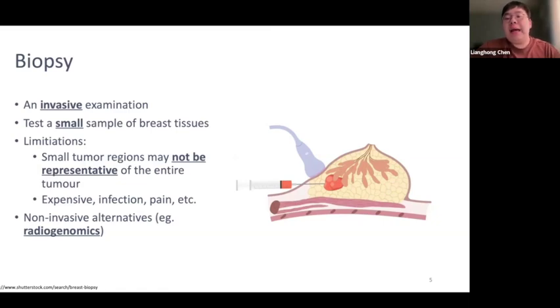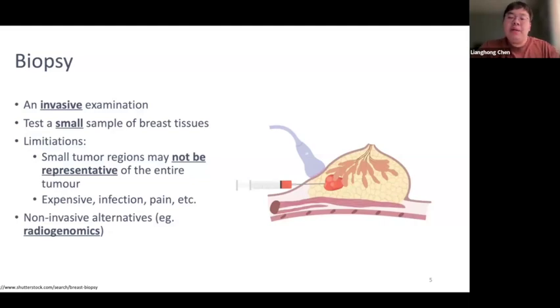However, this method has some limitations. Since the operator only takes a small piece of tissue, it cannot be certain the taken tissue is representative of the entire tumor. Besides, some biopsy procedures may be expensive, and patients may also have a risk of infection and feeling uncomfortable after the biopsy.